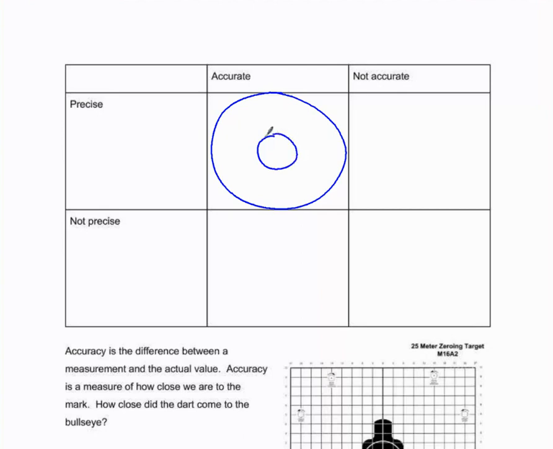Okay, so this is going to be a target. And so we have the limits of the larger part of the target and the limits of maybe what you could call the bullseye.